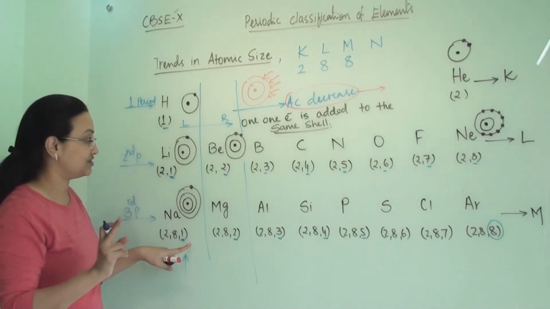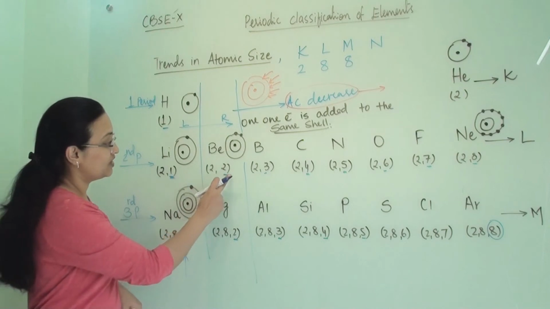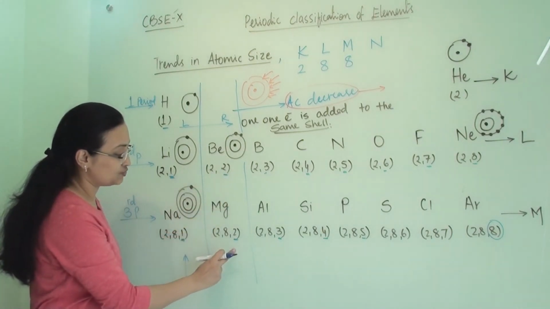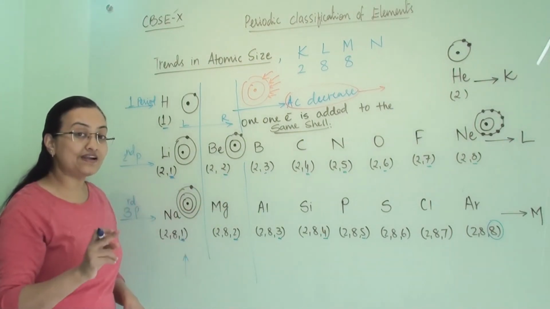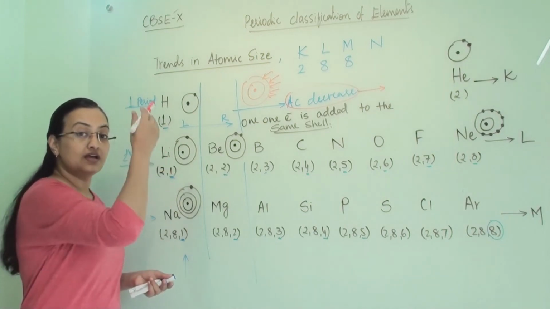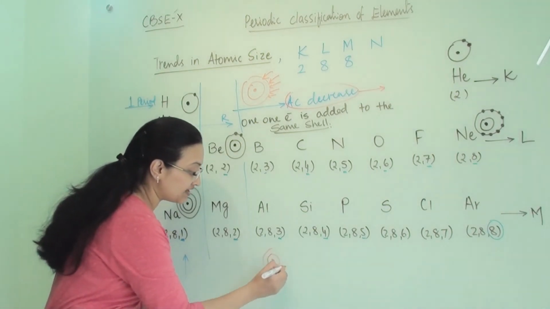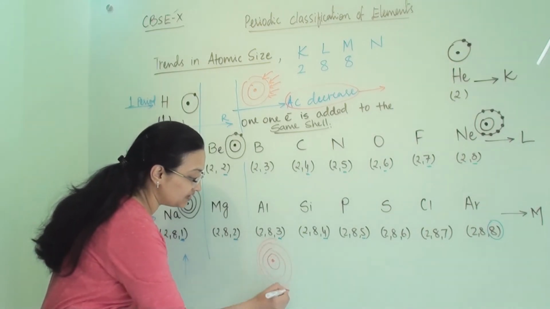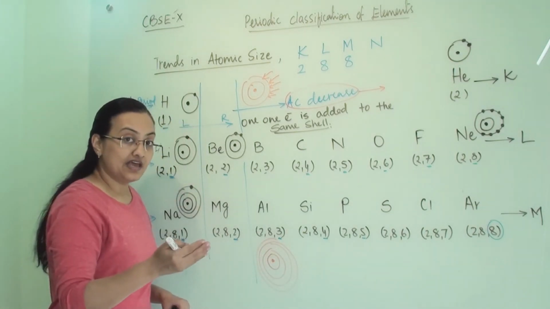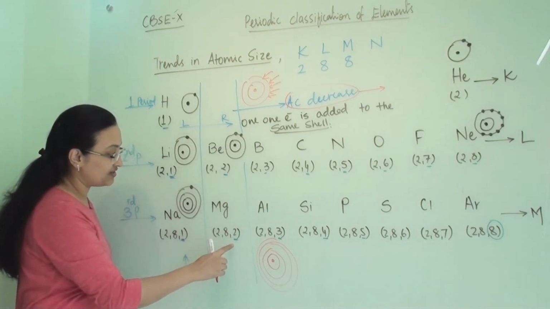Let us check the second group: 2 electrons in the valence shell, 2 electrons in the valence shell. That means when we go from top to bottom, we keep adding orbitals and the valence electrons remain the same.